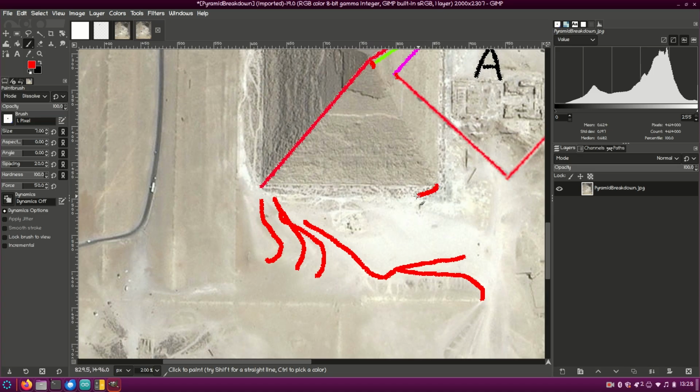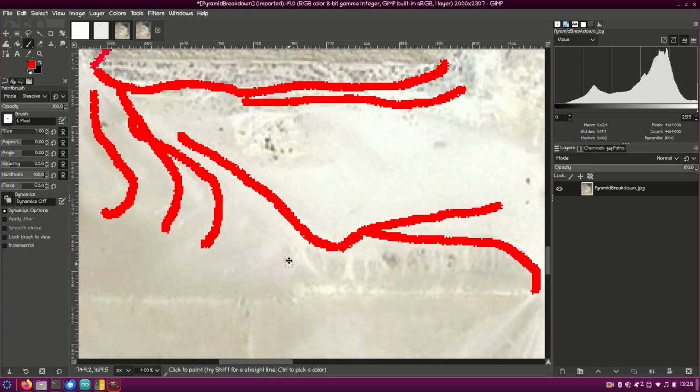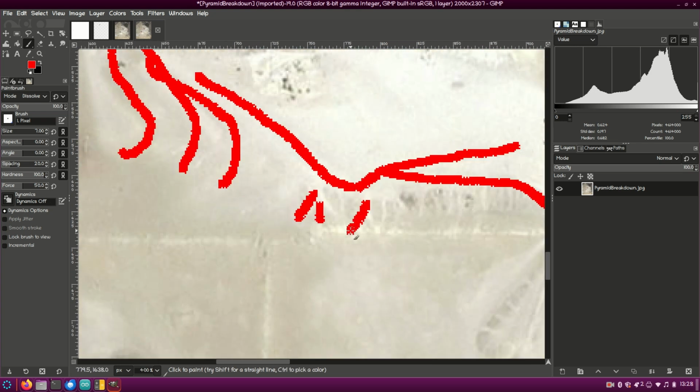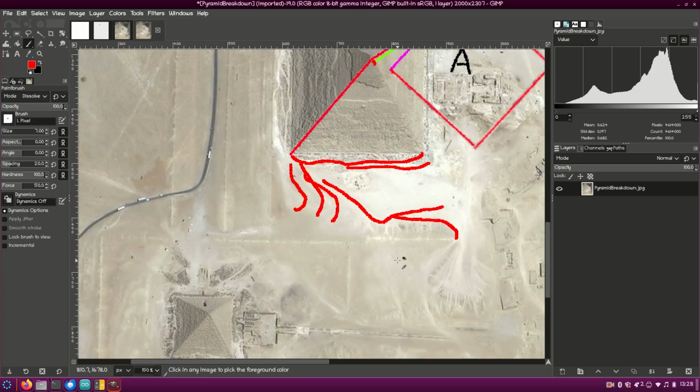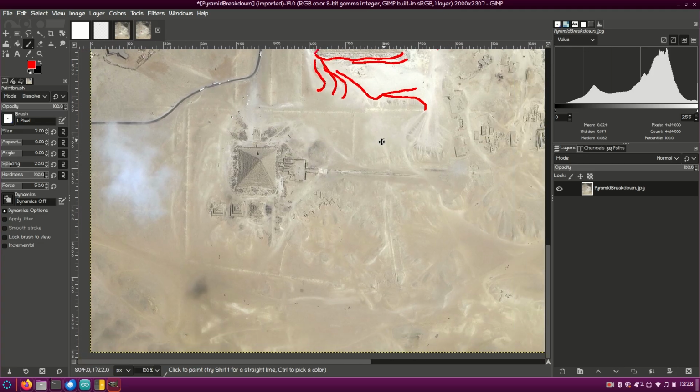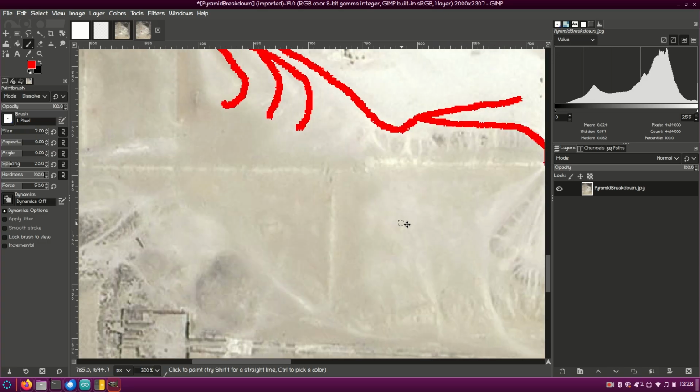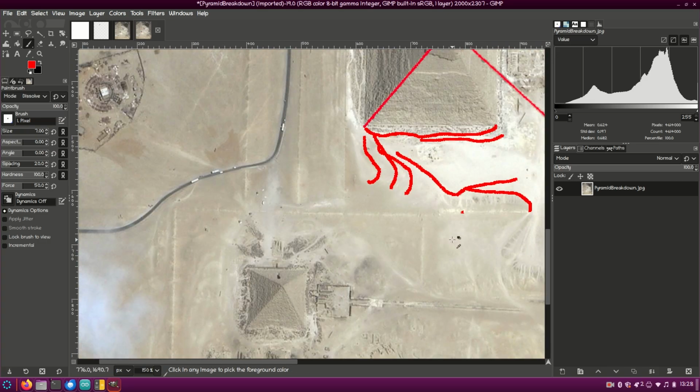And if you look right here, you can see an even more dense flow. Right here. Right? And if we look over here, we can see a connection. It's almost like little lightning bolts made of sand, which are connecting to here.